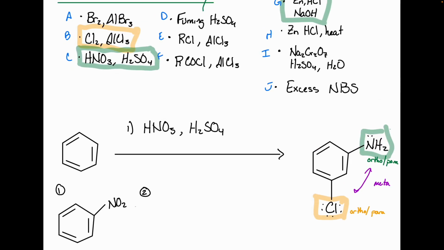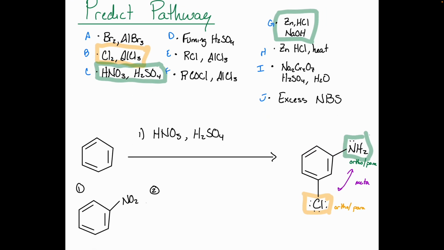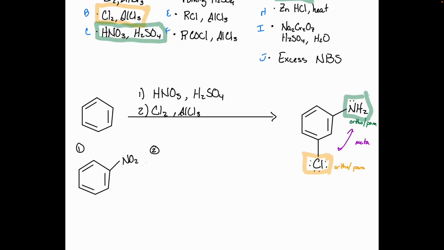Am I going to perform reaction G now to reduce that nitro group? No, because that would turn it into an ortho-para director, and I need to put my next group on meta. So next, I'm going to do my chlorination reaction. That ensures that the incoming group will be directed to the meta position.